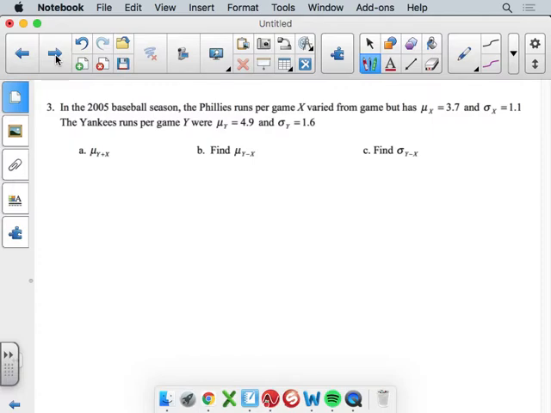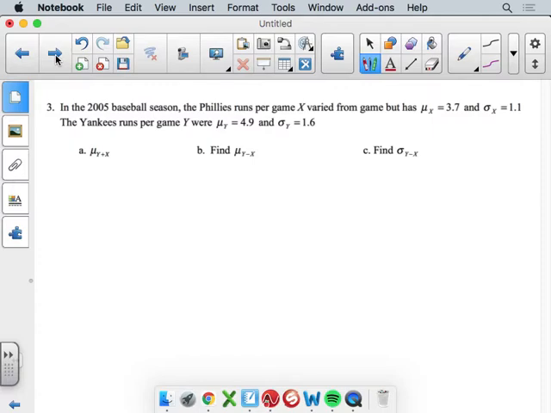On this one, 2005 baseball season, the Phillies runs per game is X, the Yankees runs per game is Y. The Phillies have about 3.7 runs per game, standard deviation 1.1, so a typical value plus or minus 1.1. The Yankees were 4.9, 1.6.